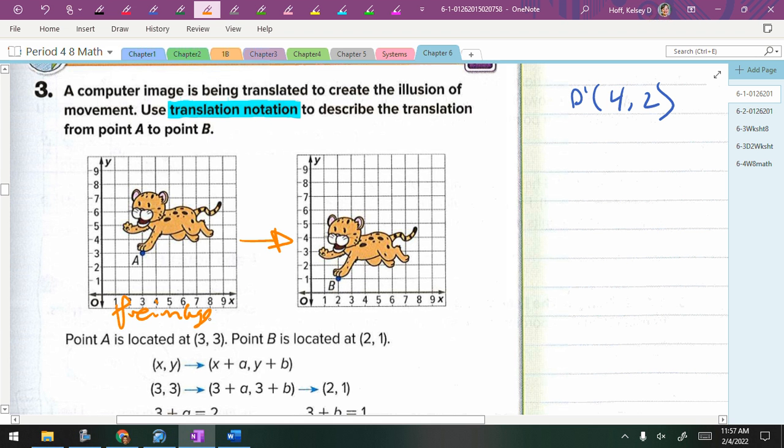This is what I started with, and here's my image. I want translation notation to describe the translation. Tell me what movements were made. First, give me direction words and how many. If I start at A, how far left or right, how far up and down do I have to go to get to B?